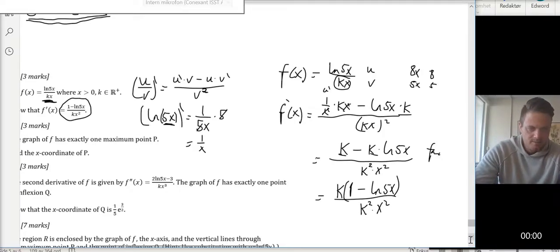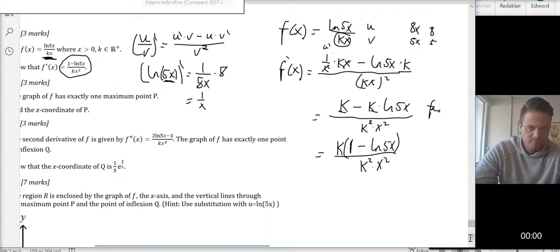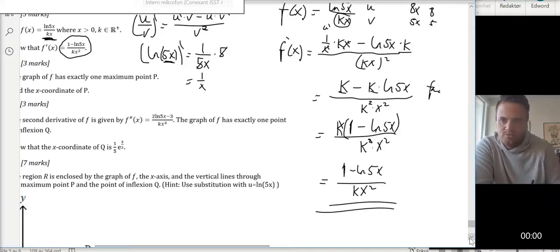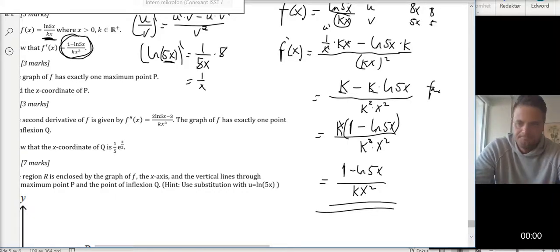And then we can reduce factor against factor. So we can take k here and reduce it against one of these k's here. So I get 1 minus ln of 5x divided by, there's only one k left now, kx squared, which was exactly what we wanted to get here, like this.